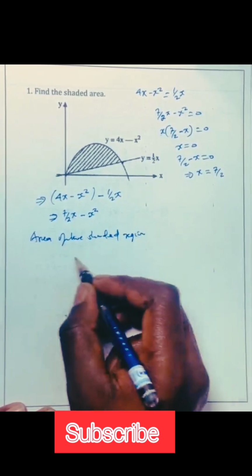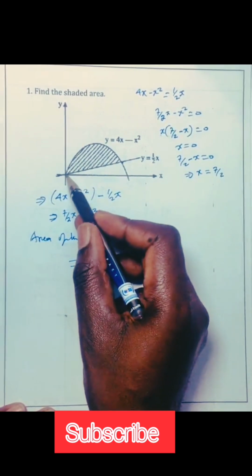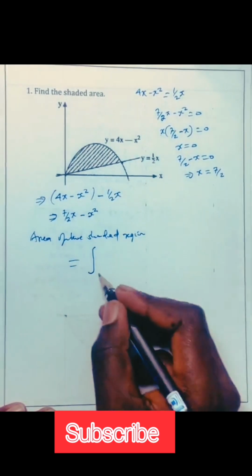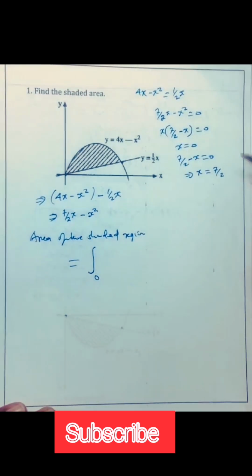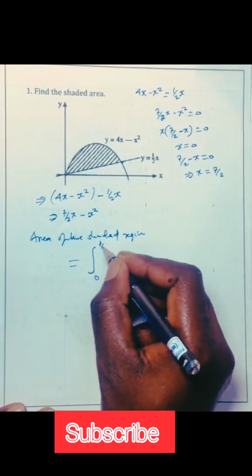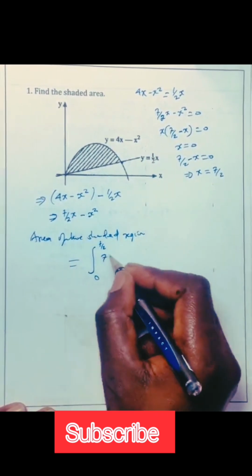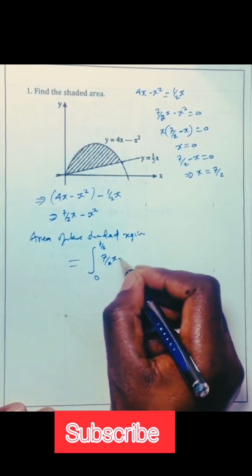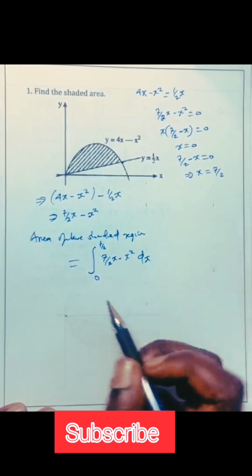So the area of the shaded region is going to be given by the integration from this point, where x is equal to 0 because it is at the origin, to this point where the value of x is equal to 7 over 2, of this particular expression, which is 7 over 2 x minus x squared with respect to x.